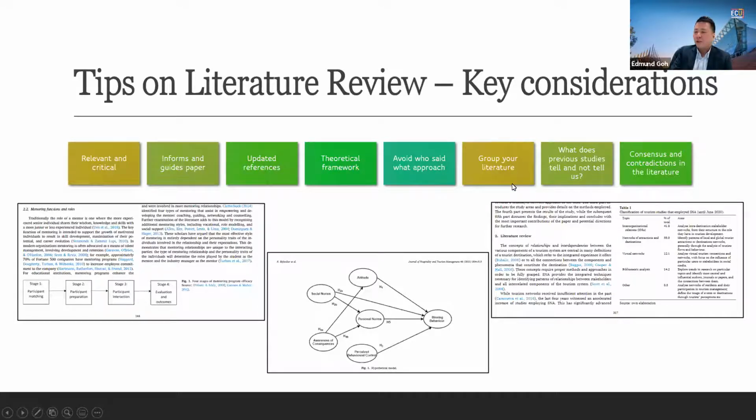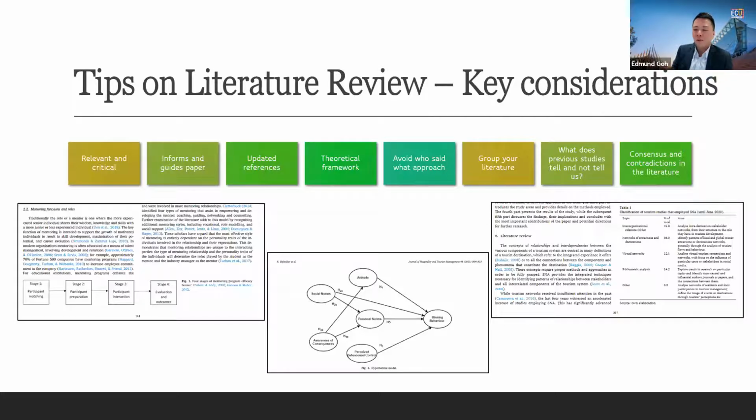Grouping the literature is something I always do. One of the things I always advise is that you have gone through all the relevant literature, and you have digested it. So how do you segment and group your literature? I always do that by grouping it into a few different groups or segments. By doing that, one, you are having some originality in your research through the lit review as well.